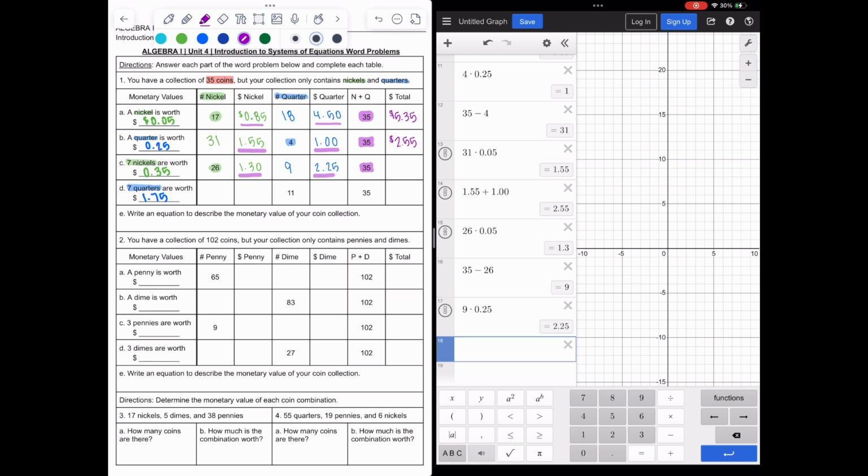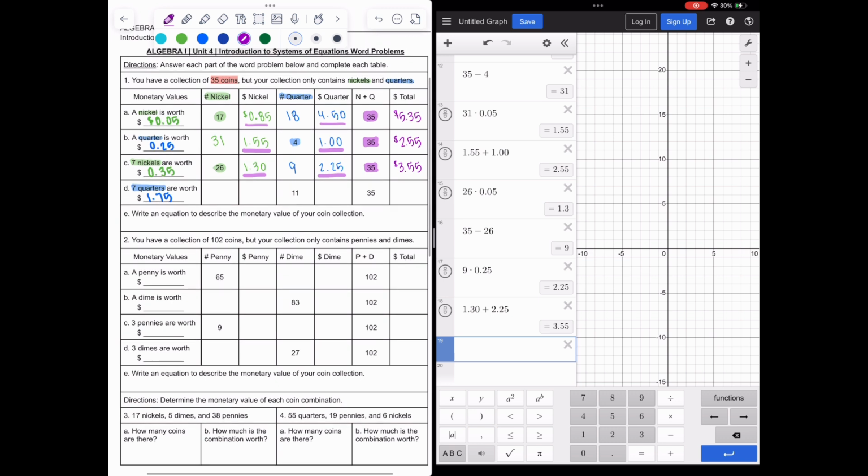The total monetary value in this row is $1.30 added to $2.25, and when we put those together, we end up with a grand total of $3.55. Also interesting to see the 55 cents and how we can get there in a lot of different ways.